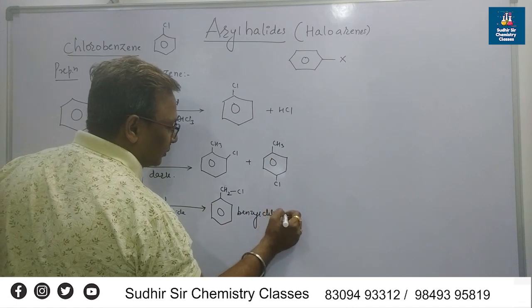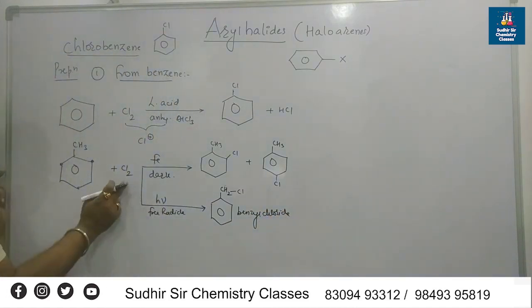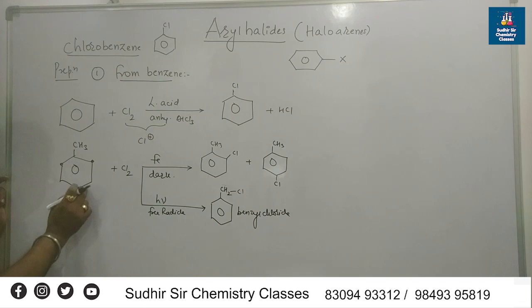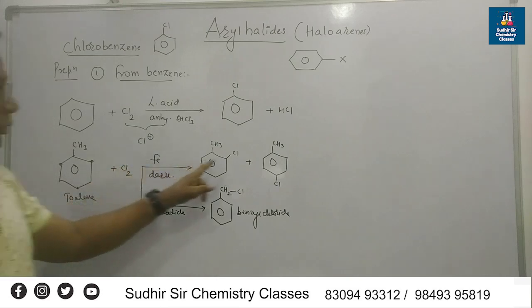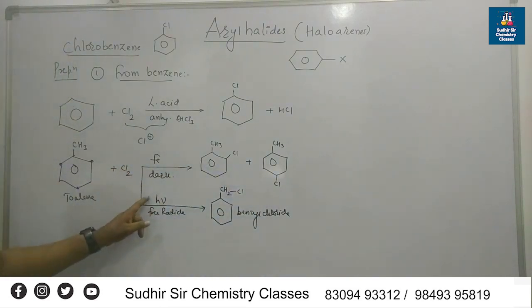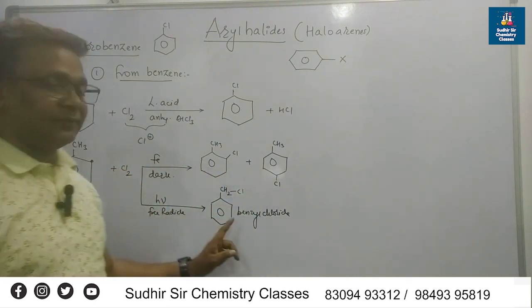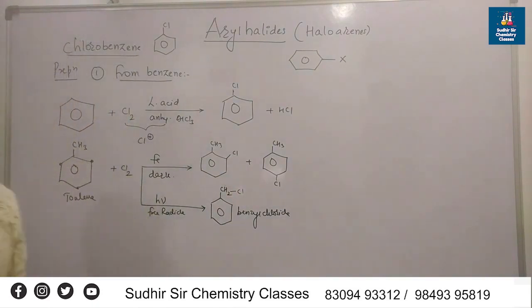So this is the most important reaction, chlorination of toluene or methylbenzene. In the absence of light, we get ortho and para products. In the presence of light, it favors the free radical mechanism and forms benzyl chloride.